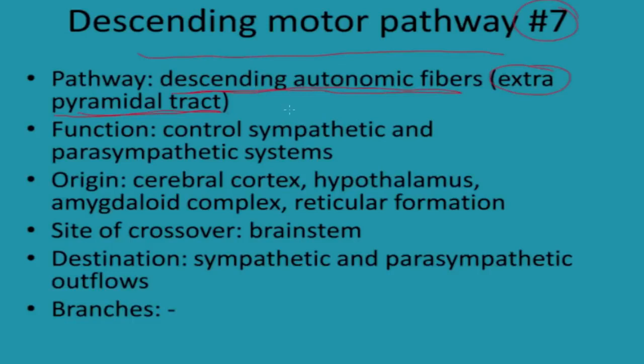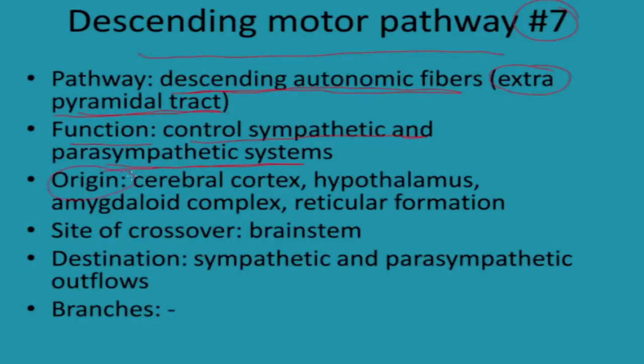There is again some debate whether or not these tracts actually exist. However, due to some investigation of spinal cord lesions, these have demonstrated that they could theoretically exist. Their function is to control sympathetic and parasympathetic systems.